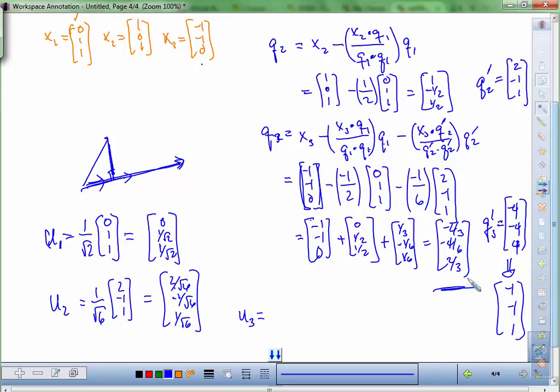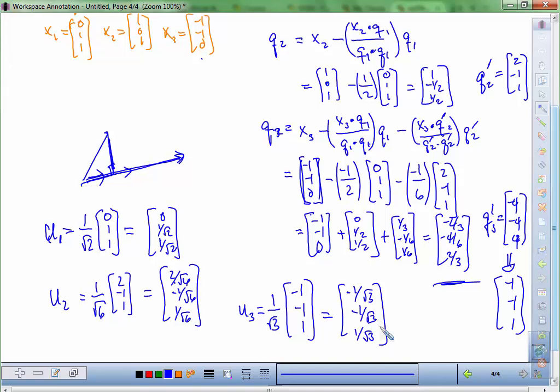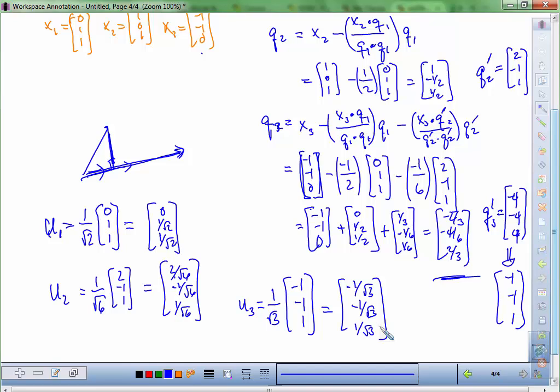Maybe you call this Q prime prime. So in any case, this is my vector. This is the nicest vector in that direction. Negative 1, negative 1, 1. And so just scale that to make it into a unit vector, 1 over root 3. So your third vector would be negative 1 over root 3, negative 1 over root 3, positive 1 over root 3. Okay? So now we have not just an orthogonal set of bases, but now we have an orthonormal set of bases.